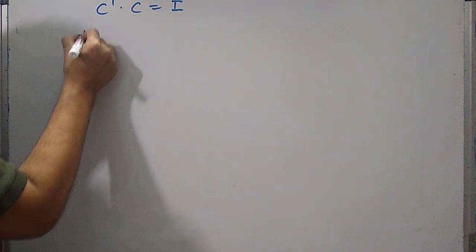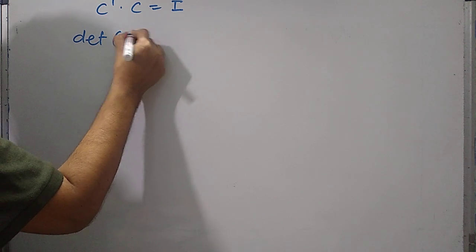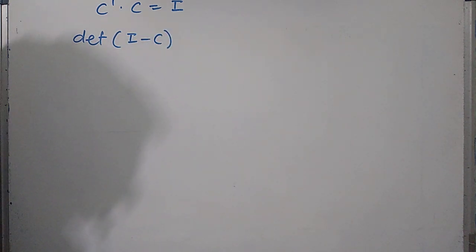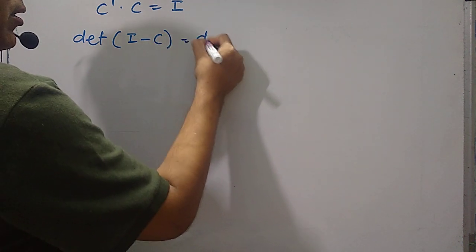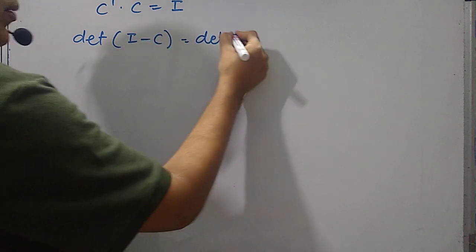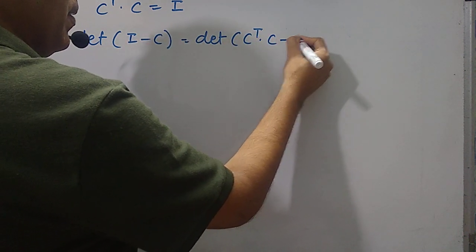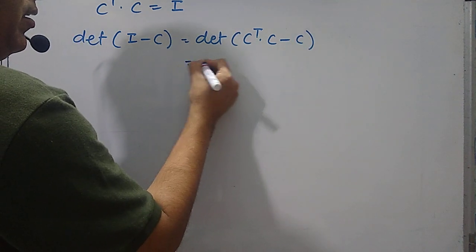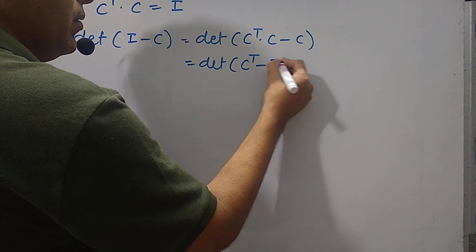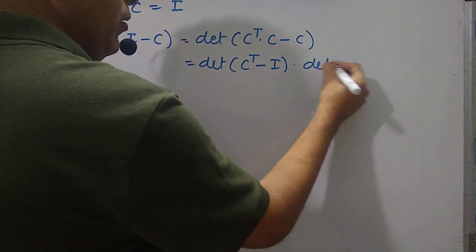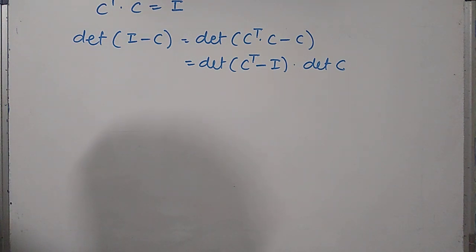Then we have to find the determinant of I minus C. So the determinant of I minus C equals the determinant of (C transpose into C minus C), and here we get determinant of (C transpose minus I) into determinant of C. Alright, determinant of C is given as 1.